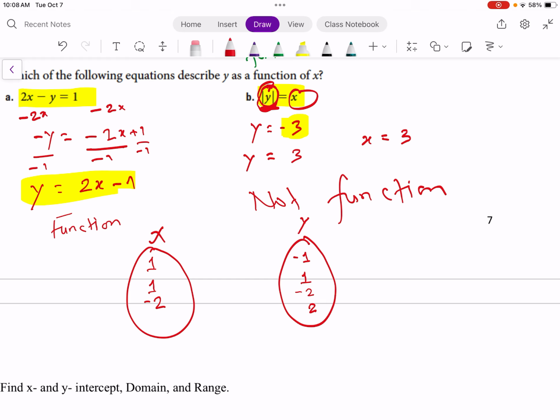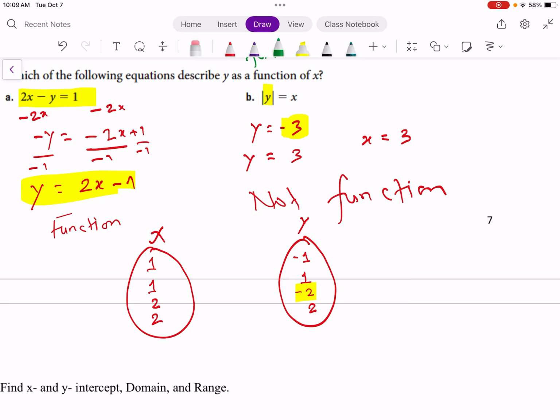Hold on. So absolute value of -2 has to be +2, right? So if our y is -2, then the absolute value of -2 has to be +2. This is not negative. And the absolute value of +2 is also +2.